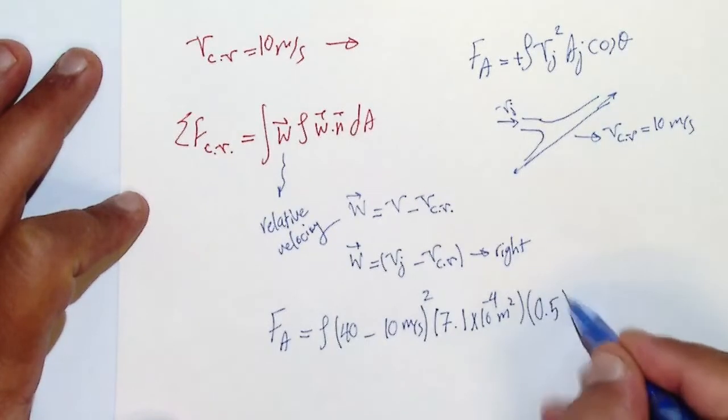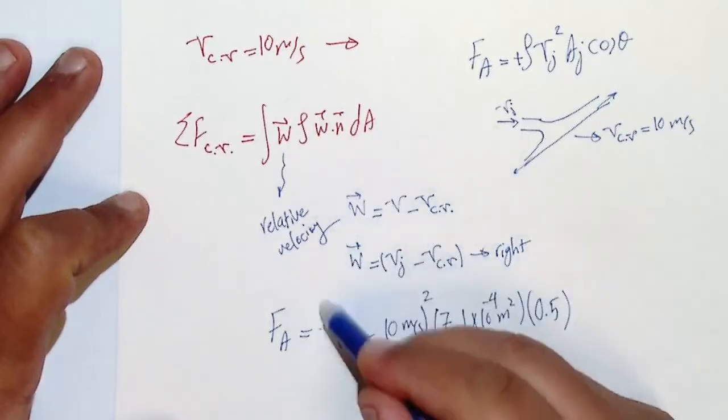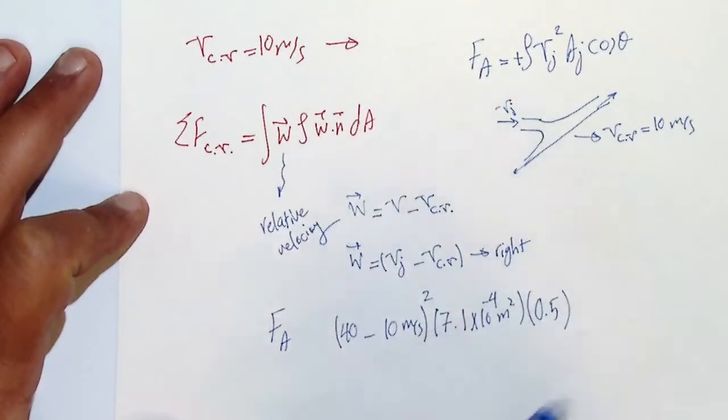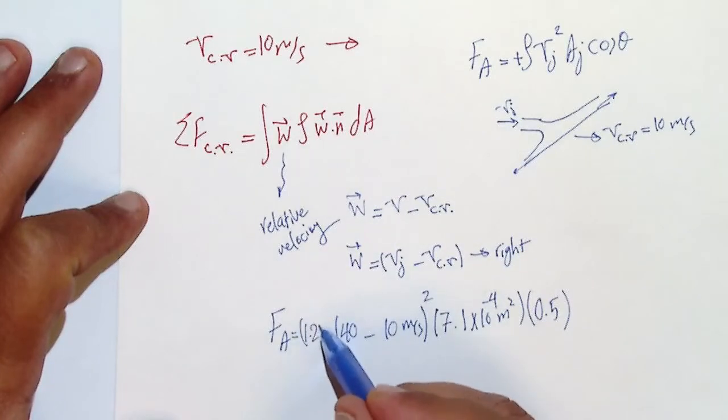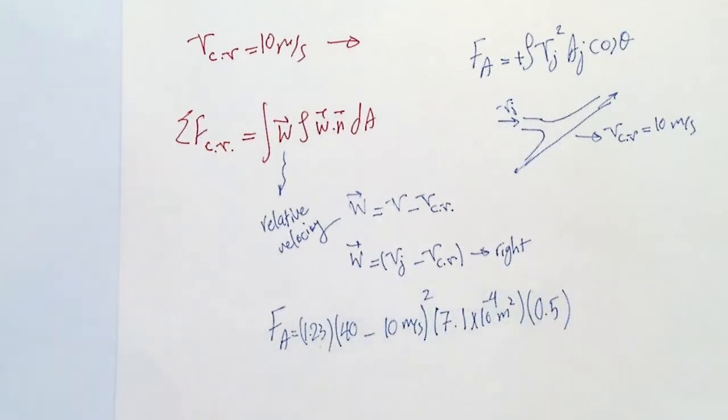and rho was 1.23. The only thing that you need to change is replace the velocities with the relative velocities.